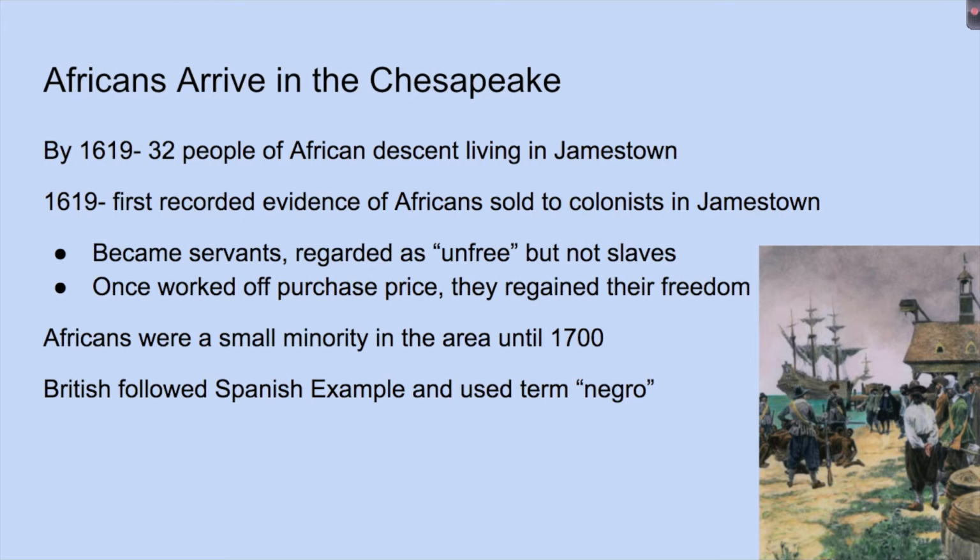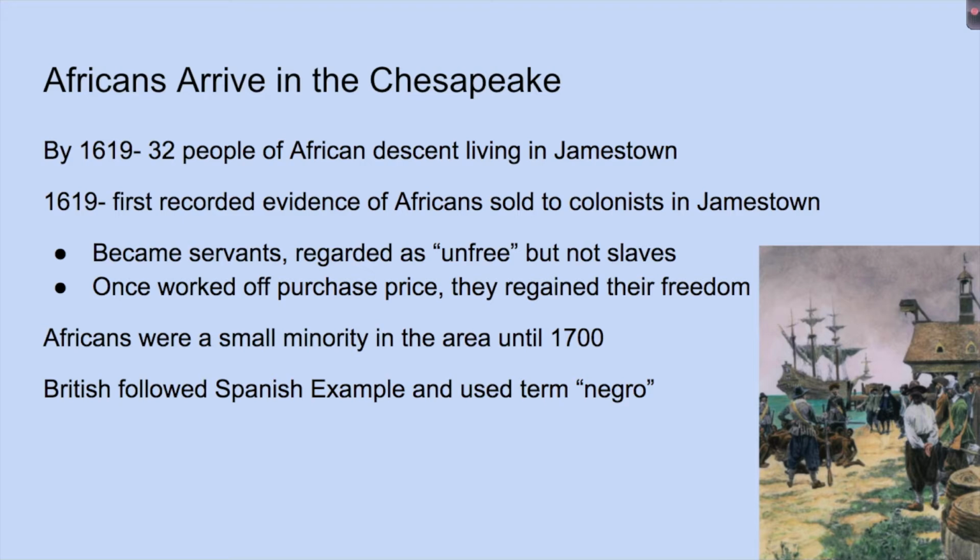And so this group, they became servants, and they were considered quote unquote unfree, but not slaves yet. And the main reason that happens is there wasn't really a law in place yet to establish rules for slavery, if you will, in the British Empire.